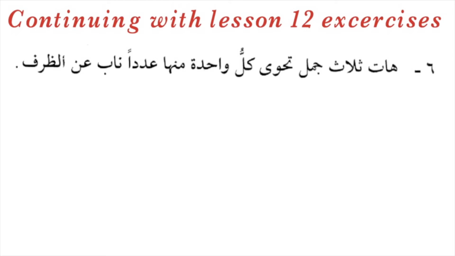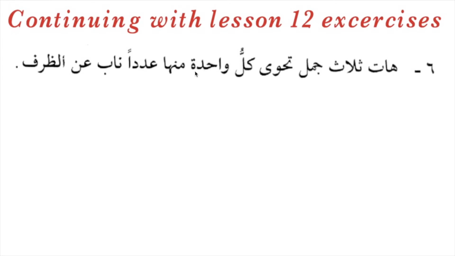Dr. Abdul Rahim says, bring three sentences, each containing a number that deputizes for the zarf. Means, bring three sentences containing hawa yahwi, tahwi. So, why is it tahwi? Because it is jumalin, kullu jama mu'annas. Kullu wahidatin.